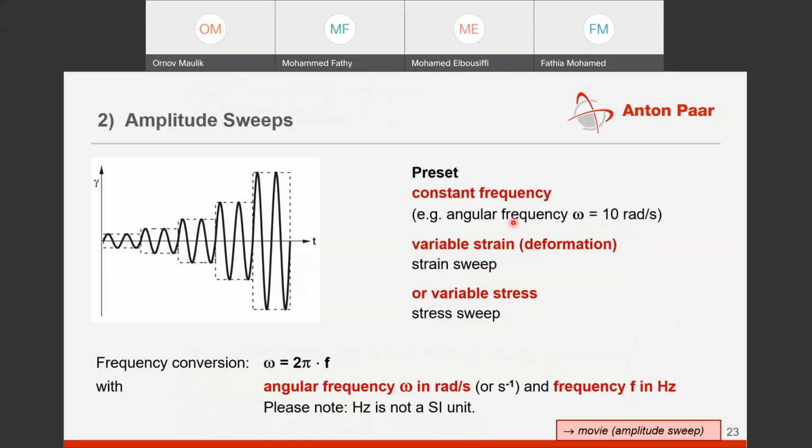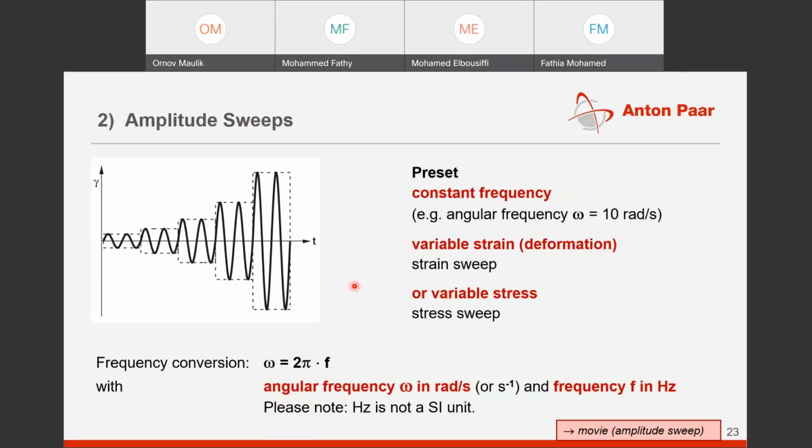Another test that we usually perform is an amplitude sweep. This is done in oscillatory mode, and the basic premise in this type of test is that we keep on changing the amplitude. That is, we are controlling the strain or the deformation in the material, keeping the frequency fixed.